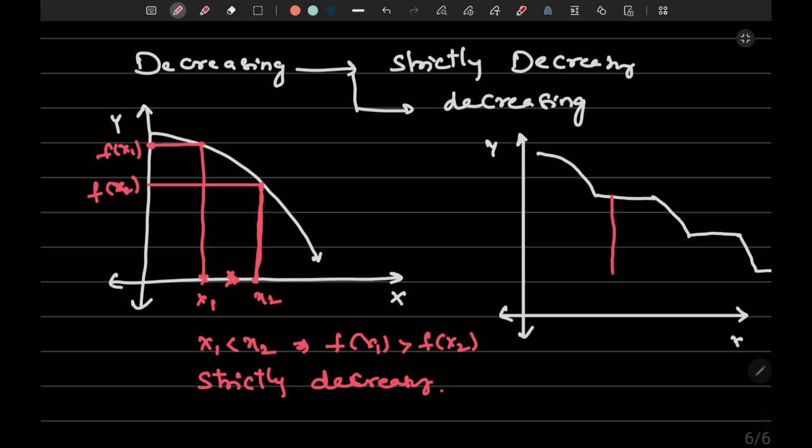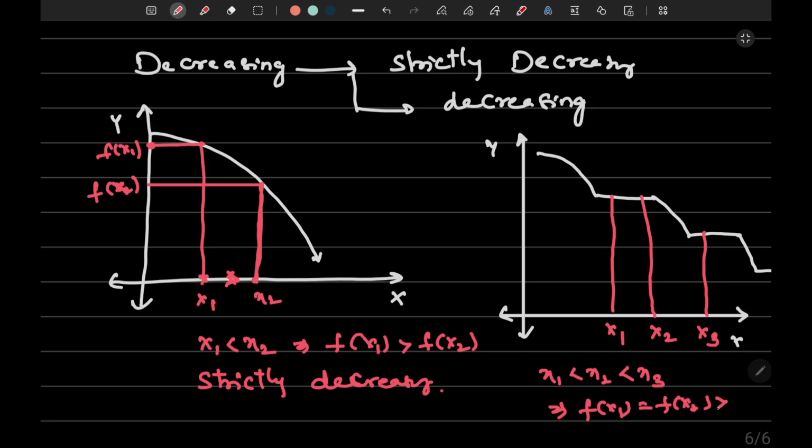Here the same thing. Here this is x1, this is x2 and somewhere this is x3. When you are observing here, x1 is less than x2 is less than x3. What about the function values? F of x1 is equal to f of x2, which is greater than f of x3.